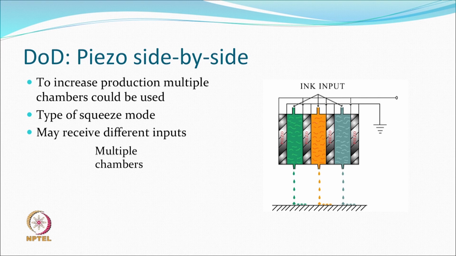So, in this case the piezo system can be used in different ways. One of the ways is that you can put this piezo transducer anywhere, on the top, on the side. In this case, for example, there are 4 piezo sensors on the side of a reservoir, and there are multiple.